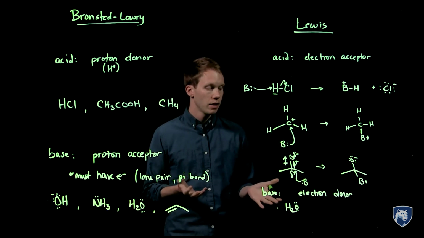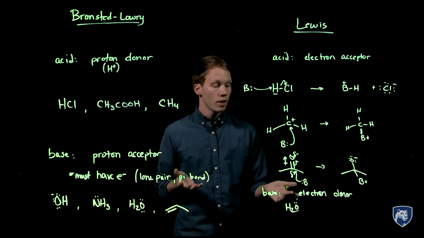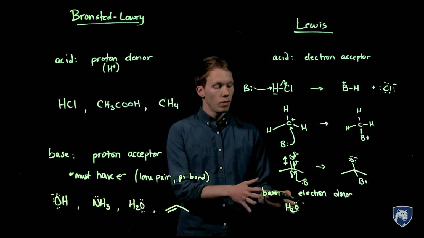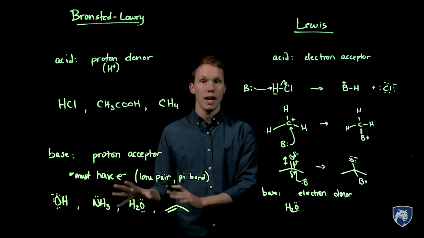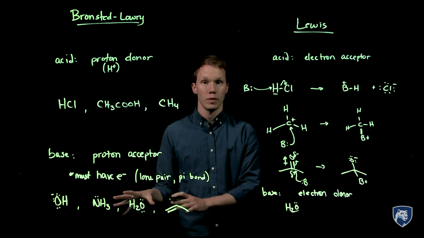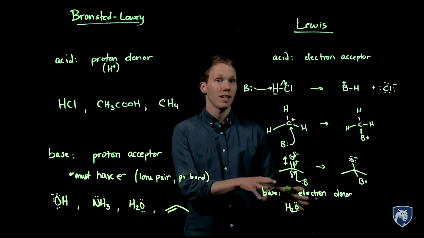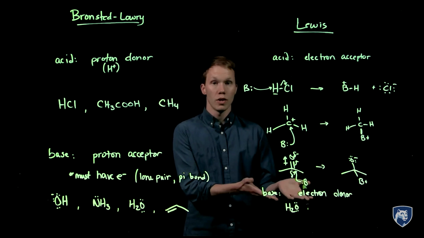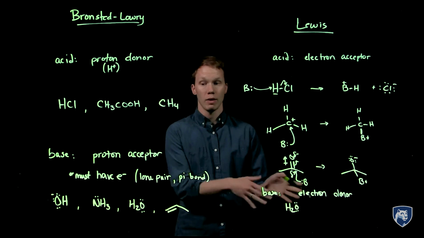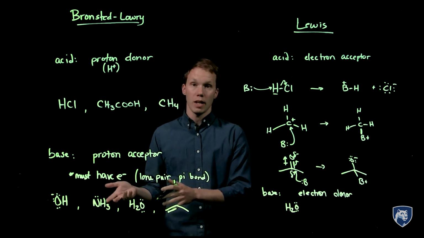There's really not a family of compounds that I can think of off the top of my head right now that will be only a Lewis base and not a Bronsted base. Of course, some things are better Lewis bases. Bromide, Br minus, is a better Lewis base, or a nucleophile, if we want to use that language, compared to Br minus as a Bronsted base, which is very, very weak.